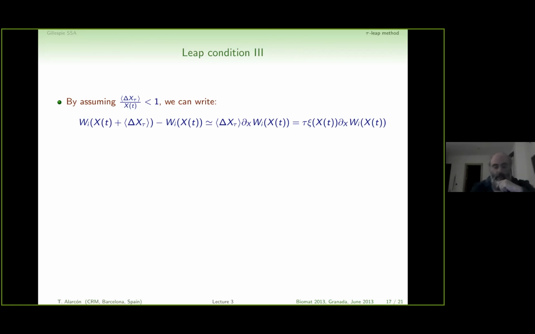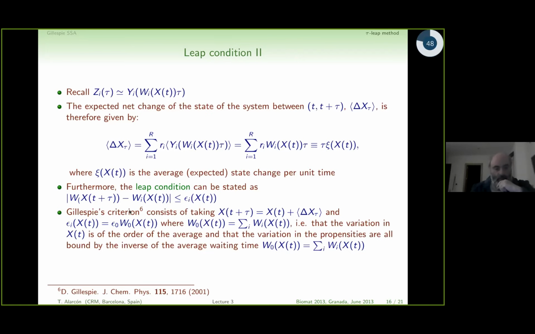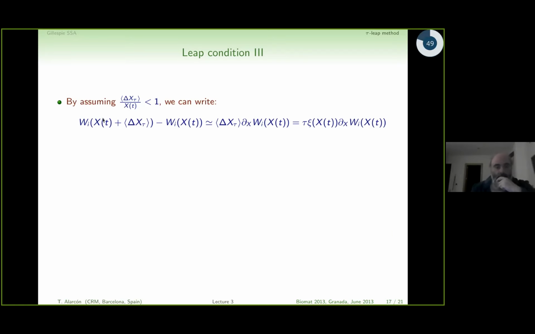In this case, basically what we can do is take this formula here. So x(t+tau) is approximately equal to x(t) plus the average value of the net change in the variable. By using this, we can Taylor expand this thing, and if we stay at first order, this is what we get.